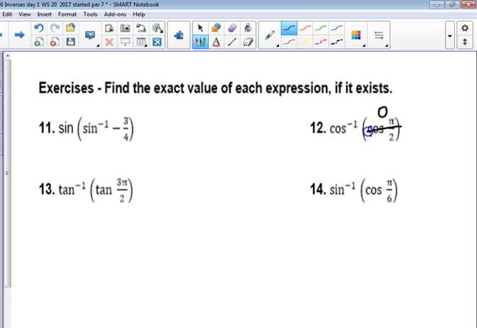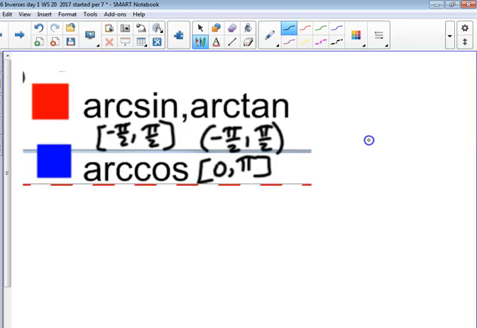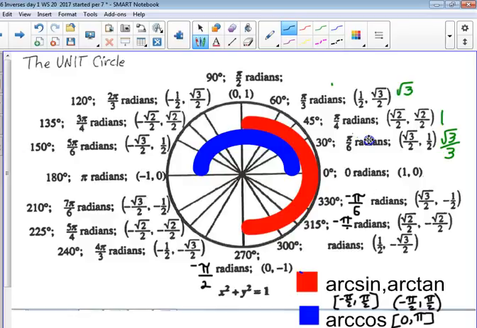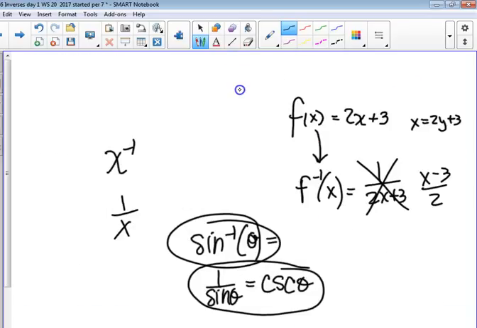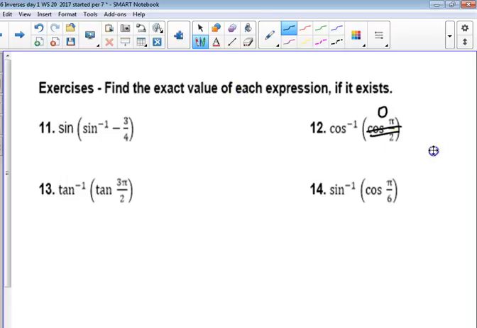Then it wants to know my arc cosine, which is colored blue. What angle has an arc cosine of 0? Right up here, pi over 2. So that particular question, the cosine and the arc cosine did just cancel each other out, and we got back to pi over 2.